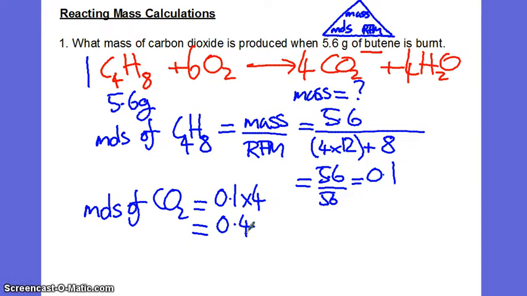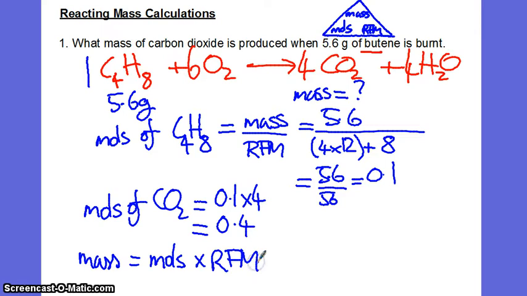The final stage, we need to work out the mass of CO2. So again, we use our triangle here. Okay, mass is moles times RFM. So mass, and again I should write down really that it's mass of CO2. Moles of CO2 we've worked out is 0.4, and then we need to work out our RFM of CO2.